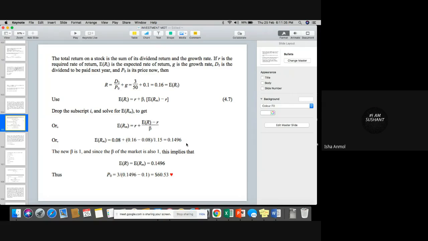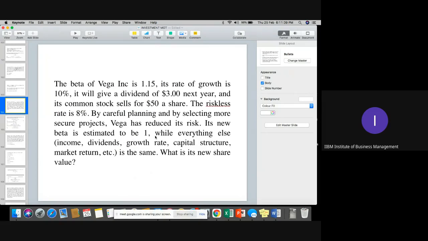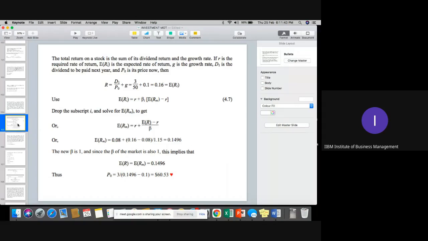Okay, now the second part of this question is when the beta is equal to 1. As you remember, if the beta is equal to 1, your expected return in the market would be similar, because the risk of the particular portfolio or investment would be similar to the risk of the market.